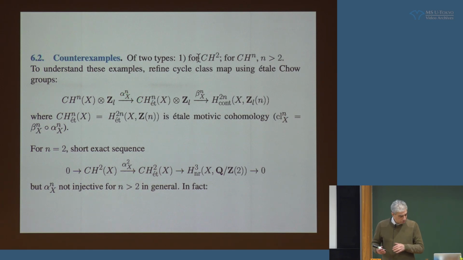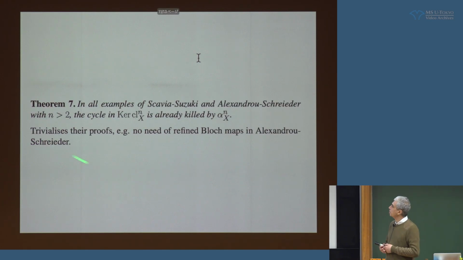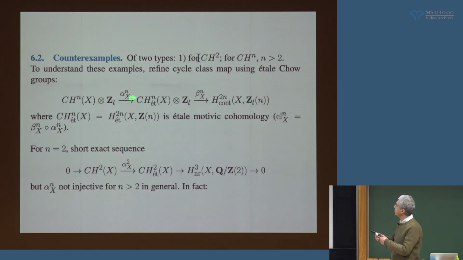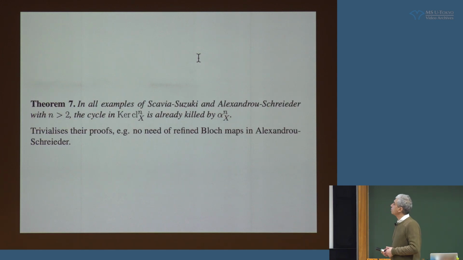And it's true. So the theorem is that in all examples, the cycle which is killed by the cycle class map is already killed by this map alpha n X, which is here. And this makes all proofs basically trivial.